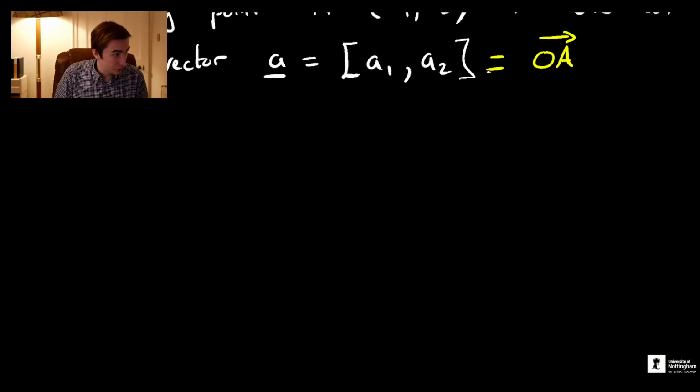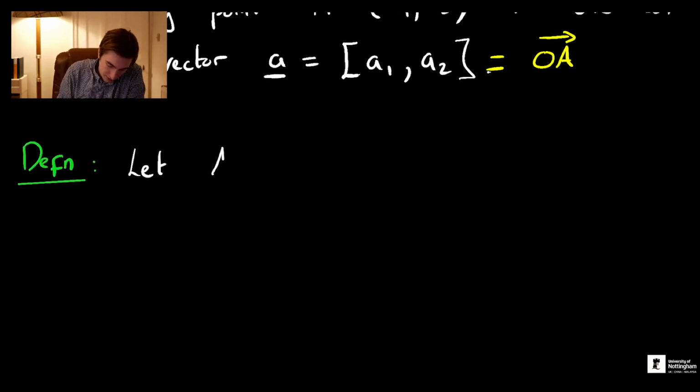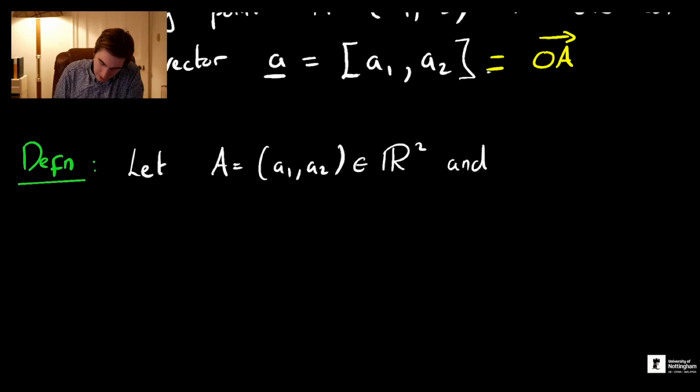So let's go to our definition. We want to start off with two general coordinates in that space. Let A equal (a1, a2), an element of R2, and B equal (b1, b2), also an element of R2.